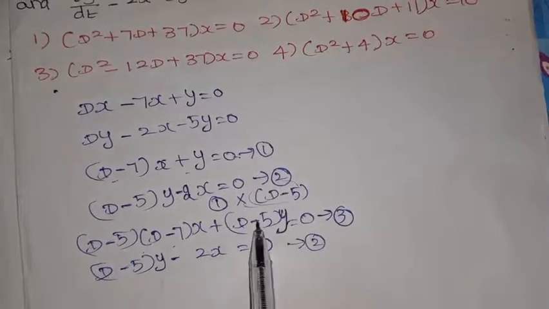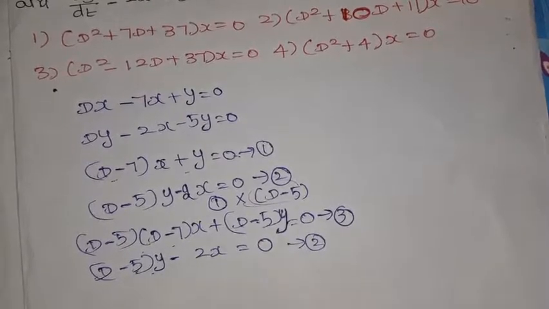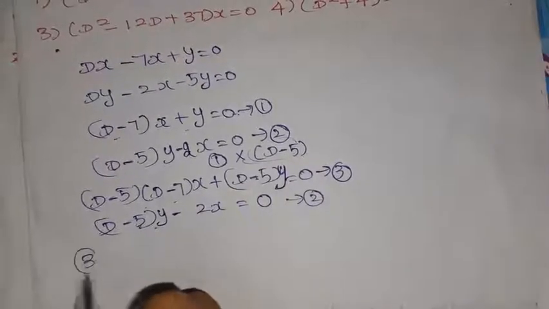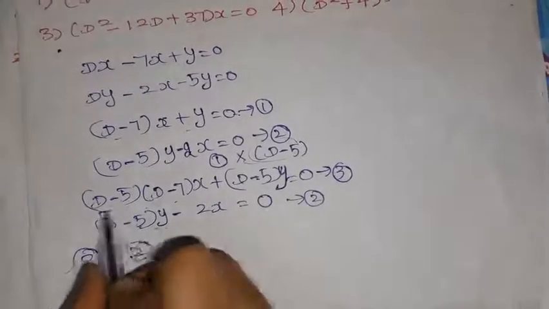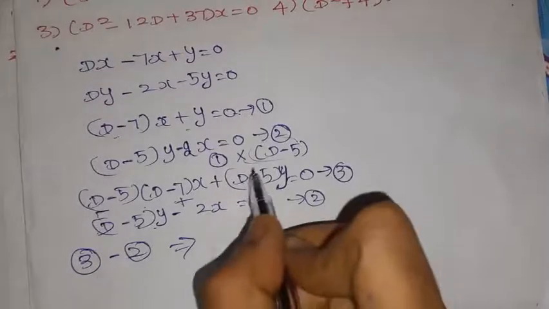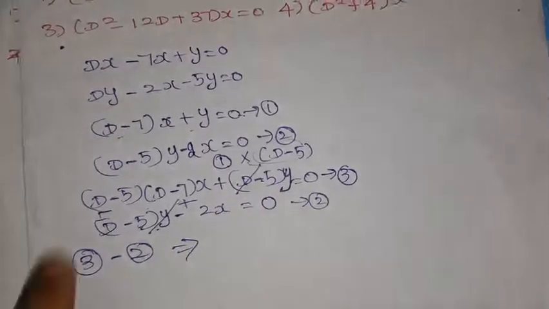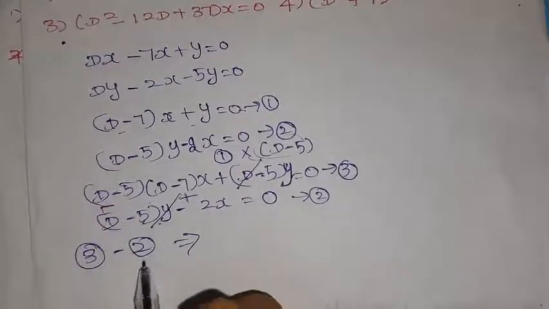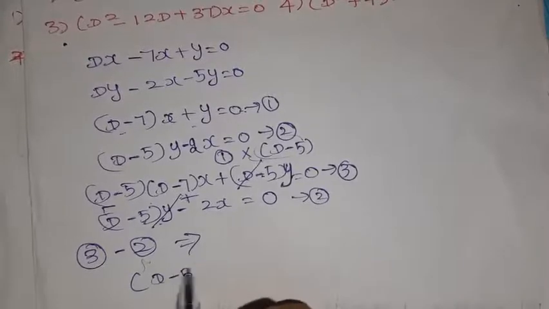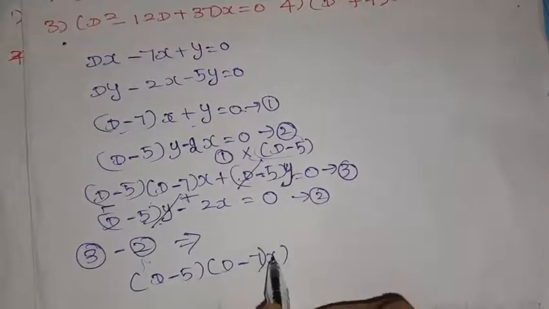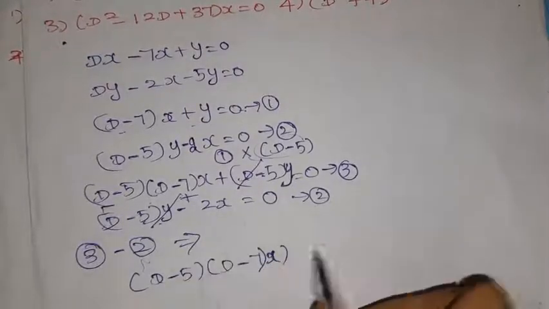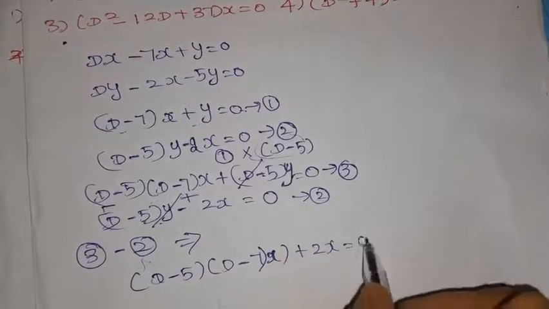So here, subtracting 2 from 3. 3 minus 2, what will we get? Minus sign, plus sign, so these get cancelled. Then (D minus 5)(D minus 7) into x plus 2x, and on the right hand side 0.